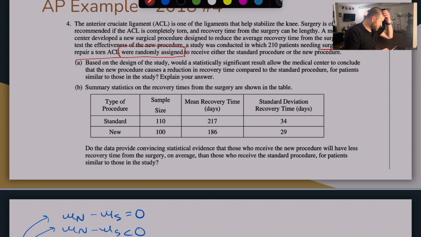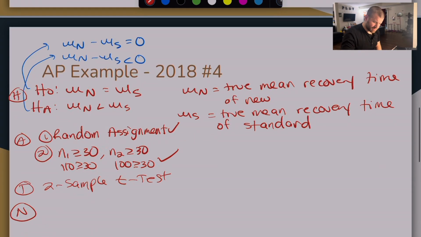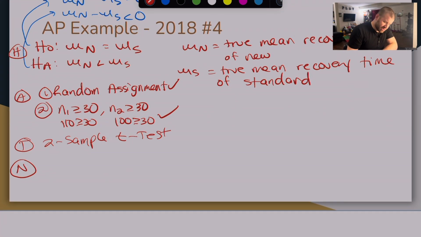So when I go to calculate this, you get a t statistic here of, now depending on how you did this, you should get negative 7.07, which essentially gives me a p-value of 0.